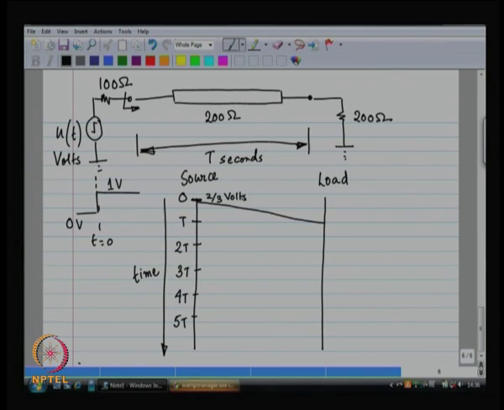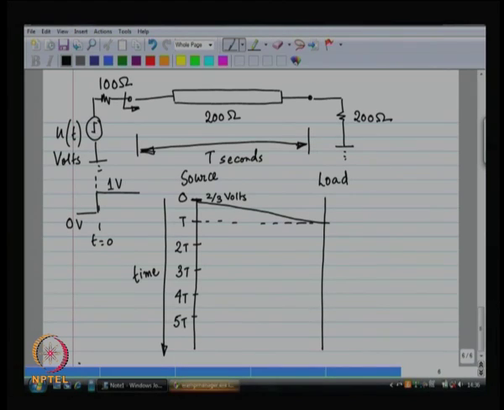This 2 by 3 volts is going to reach the load at time t, and when it hits the load, it is going to reflect something back and absorb something. How do we compute what it reflects back and what it absorbs? From the reflection coefficient.